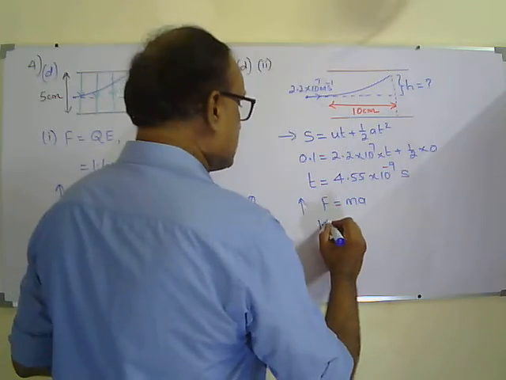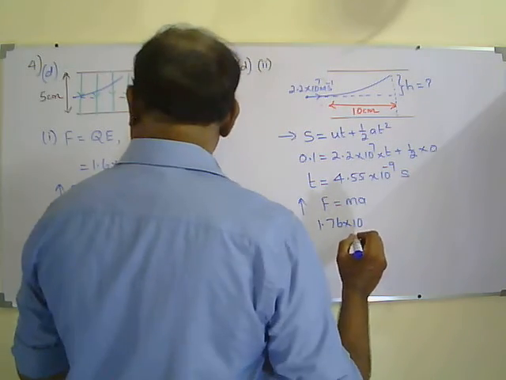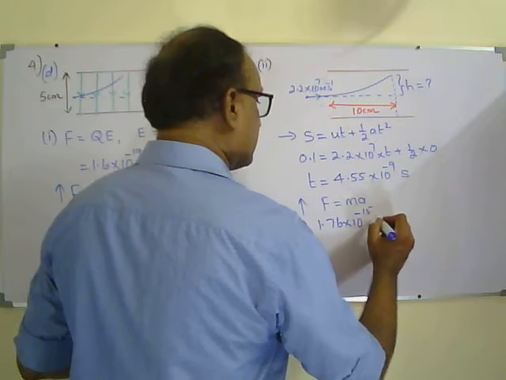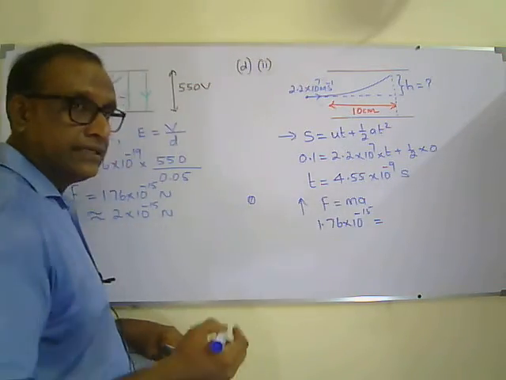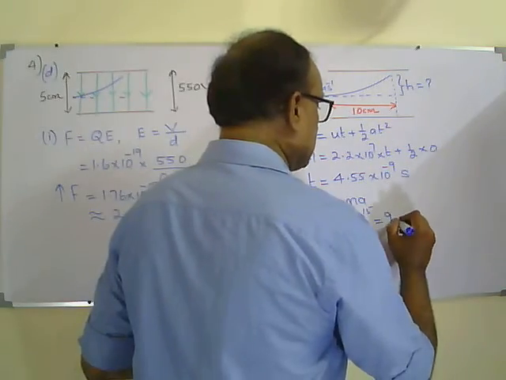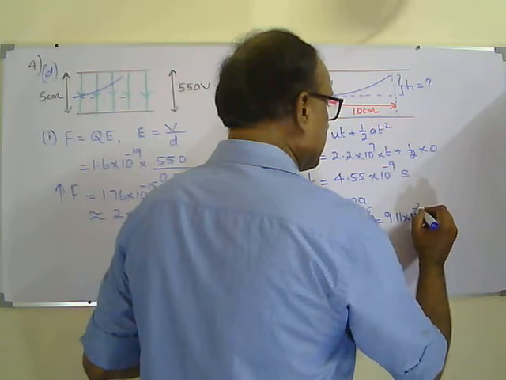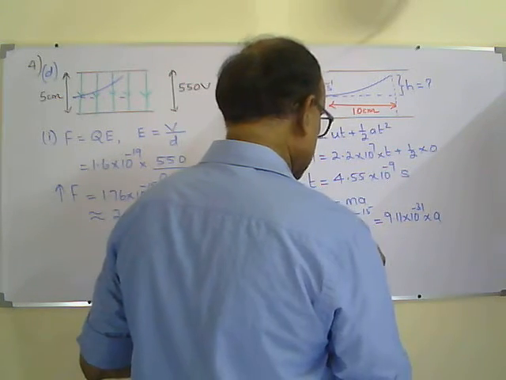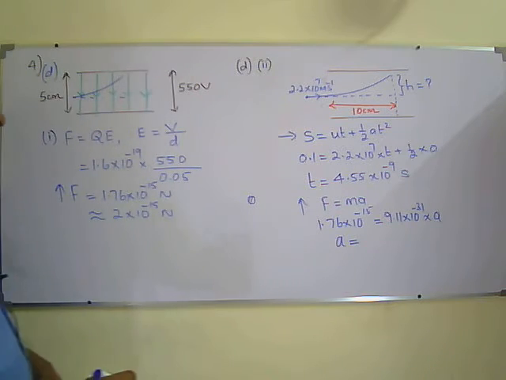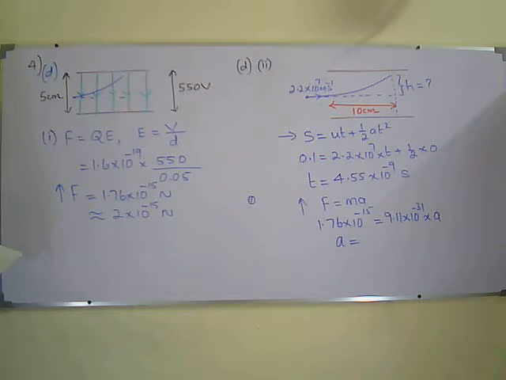That is 1.76 × 10^-15 equals the mass of the electron, given in the data sheet, 9.11 × 10^-31, times a. Find its acceleration towards the positive plate.